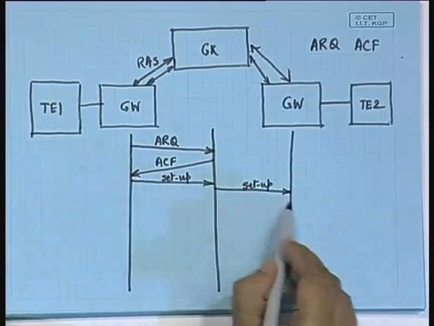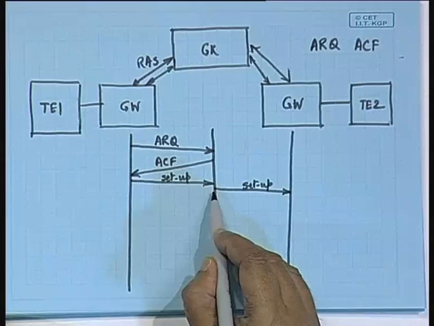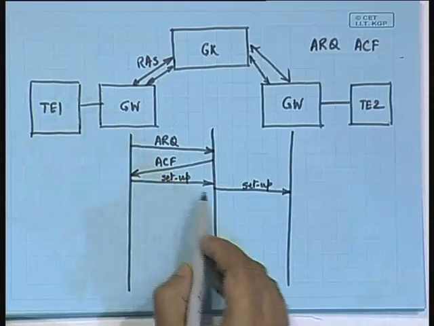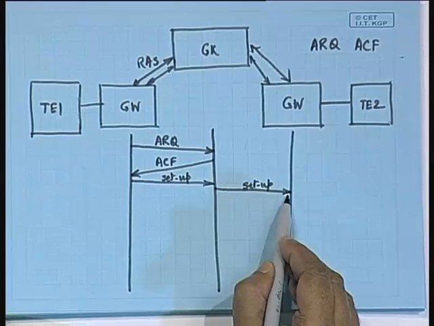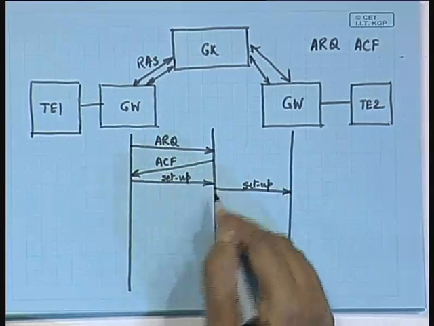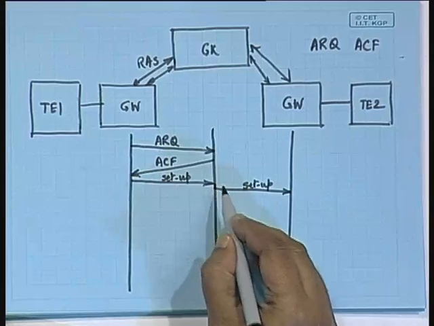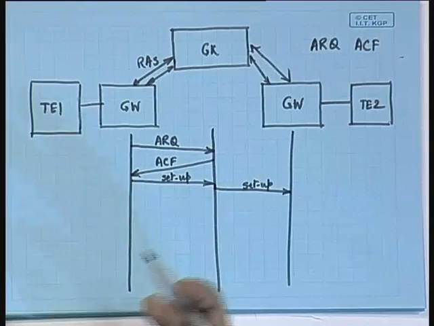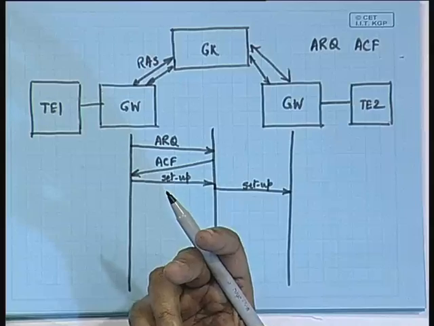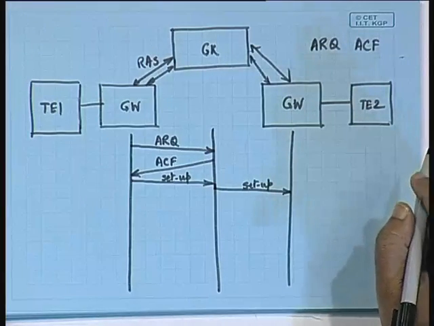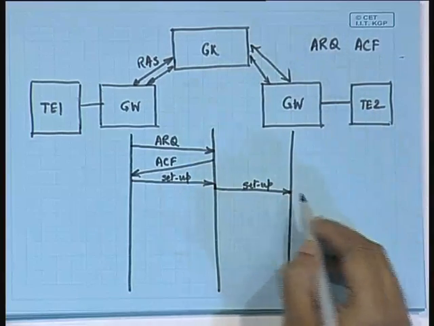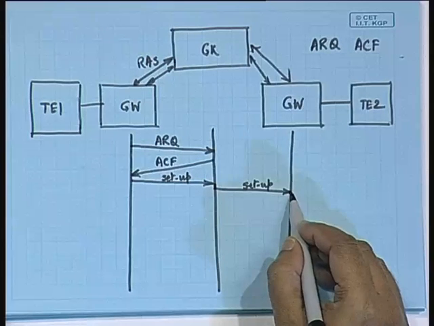So, this is not a direct connection, this is through the gatekeeper. This gateway tells the gatekeeper, and the gatekeeper tells the destination gateway. And this much of delay in between is the delay by the gatekeeper. Maybe the gatekeeper software will have a little bit of delay, which may be negligible, but typically this is where the setup signal will reach over here.